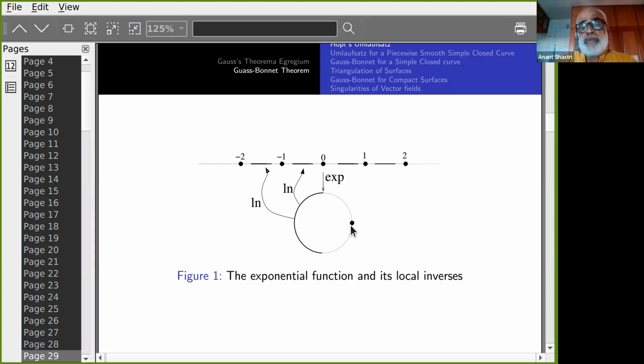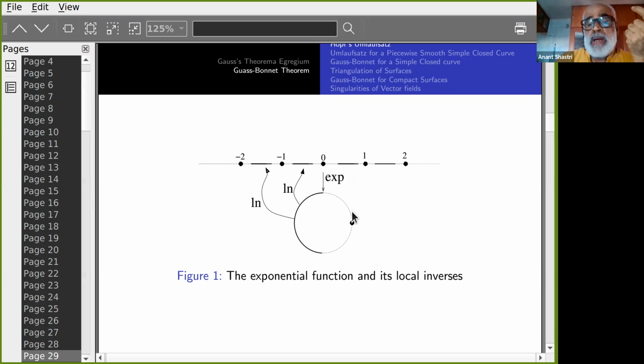So as soon as you delete one point, the inverse image would have deleted all the points, and then they're shifted by integers. Okay, n plus that point, where n is an integer. All of them will be missing from the inverse image here from R. Okay, the rest of them are open intervals of unit length.